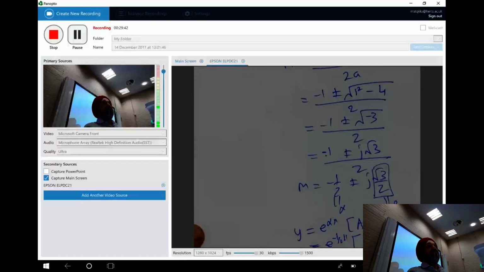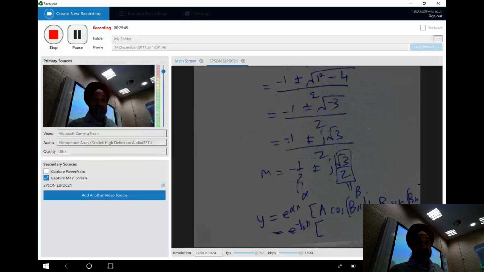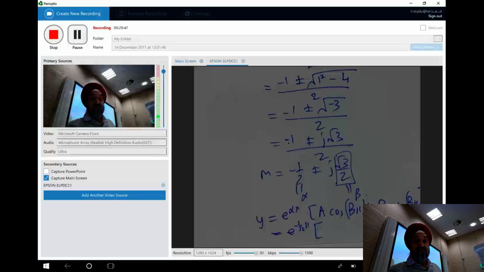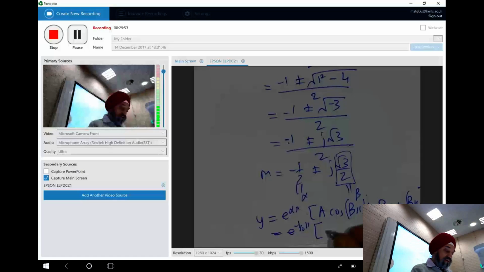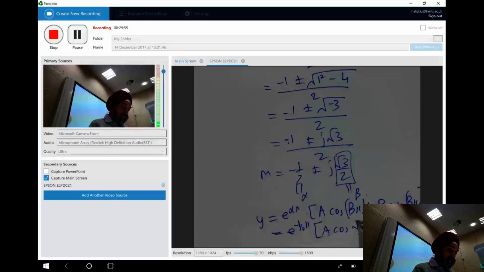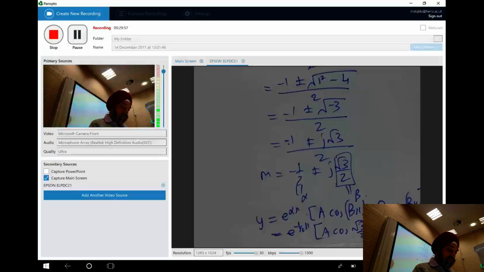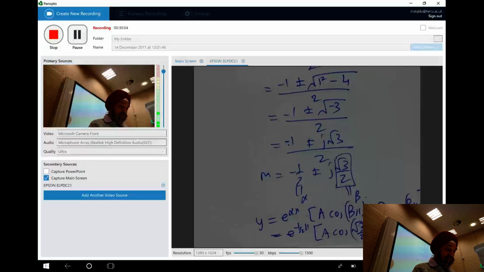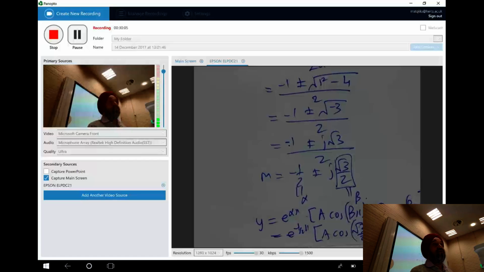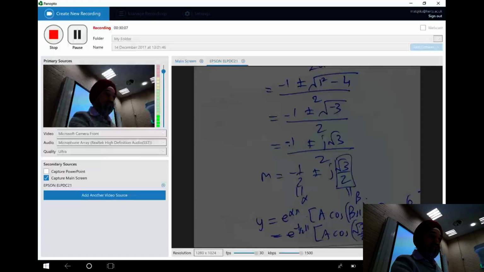What's in square brackets? You tell me. What do I get inside the square brackets? A cos root 3 over 2 x, plus b sine root 3 over 2 x. That's your solution.